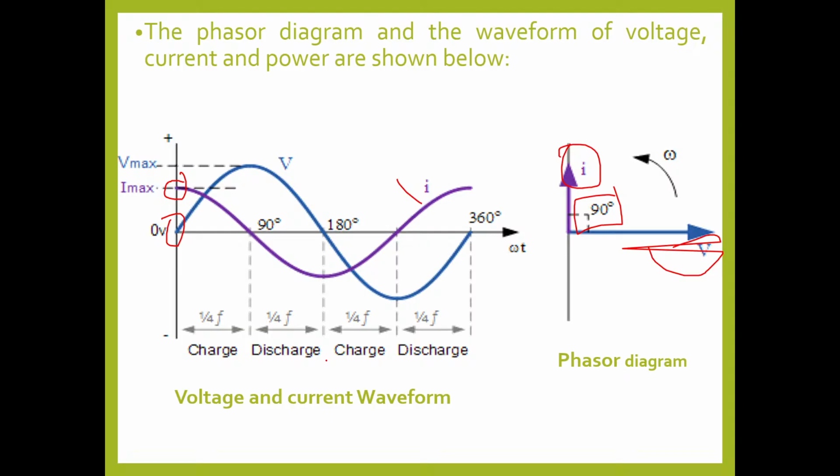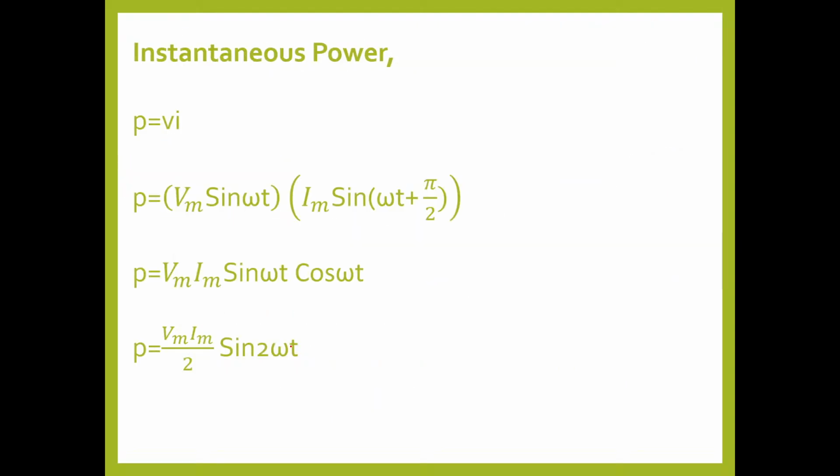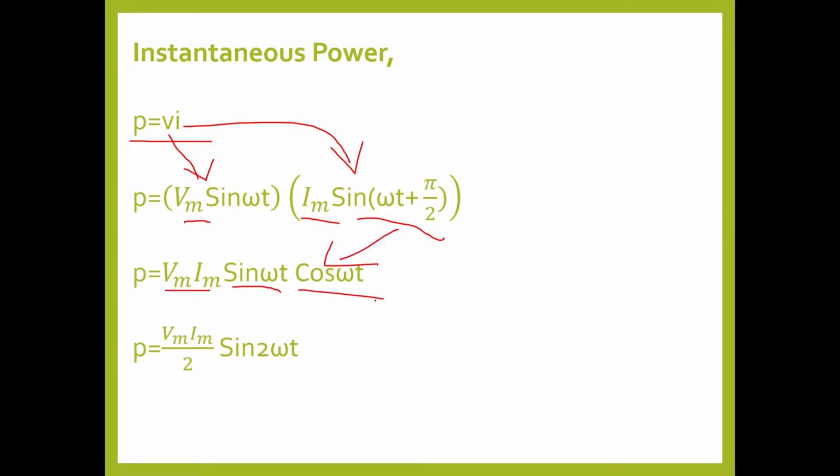Okay. Now let us calculate the instantaneous power for this circuit. So we know instantaneous power P is equal to V into I. What is V? Vm sin omega t. What is I? Im sin omega t plus pi by 2. So Vm, Im are constant, just bring them aside. If you bring them aside, what is left over? Sin omega t into sin omega t plus pi by 2. Sin omega t plus pi by 2, you can replace it with cos omega t.